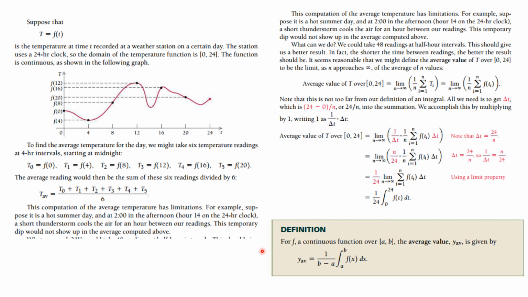For f, a continuous function over the closed interval [a, b], the average value y average is given by the definite integral from a to b of f of x dx, divided by the length of the interval. So y average equals 1 over b minus a times the integral from a to b of f of x dx.